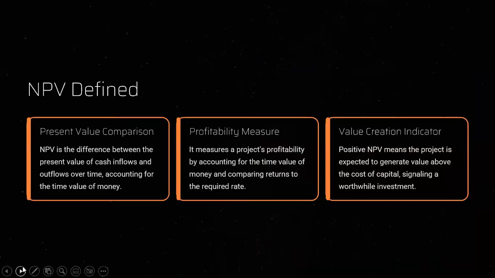So NPV is the difference between the present value of cash inflow and cash outflow. So it analyzes what is the value that is associated with the things. So here we are measuring the value indicator of future income in the present system.